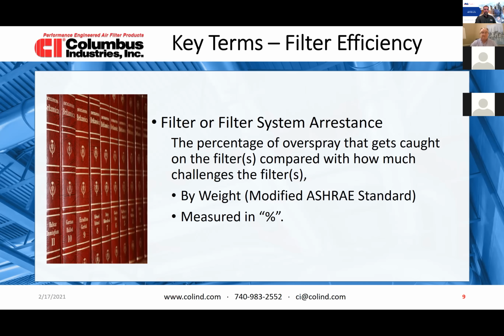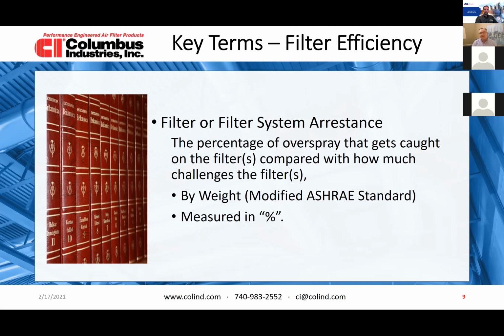The difference between the two is that in the filtration industry, efficiency is used for micro-type filtration, for the smaller particles, say for HVAC, for the high efficiency levels. But when you're talking about arrestance, you're talking about a measurement of how much a filter stops by weight.